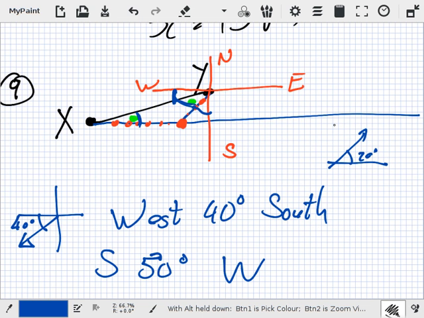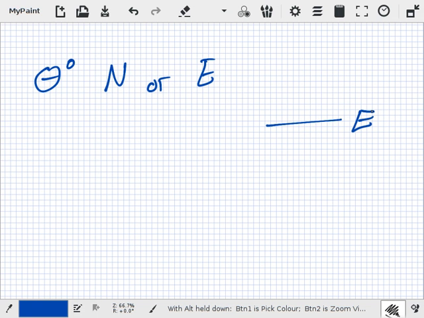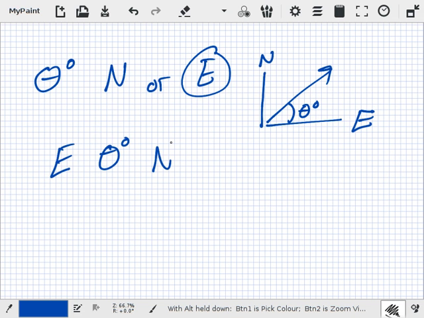Okay, let me help you. Right, so if I say theta degrees north of east, what that means is you start at east, you start at this guy, and you measure theta degrees towards the north. Okay? That's the same as writing east theta degrees north. They're the same thing.